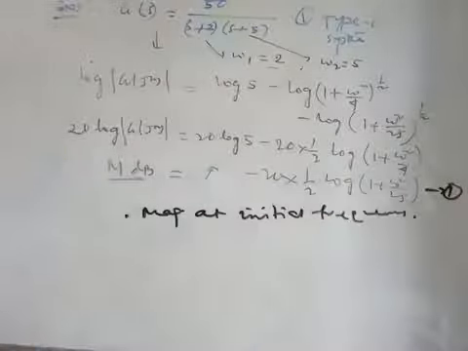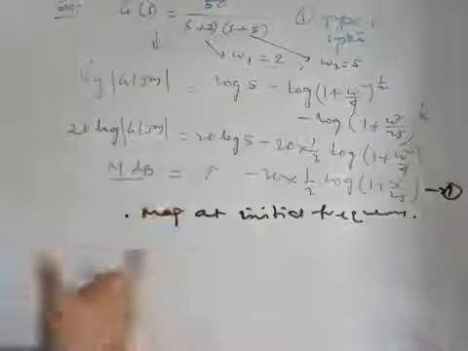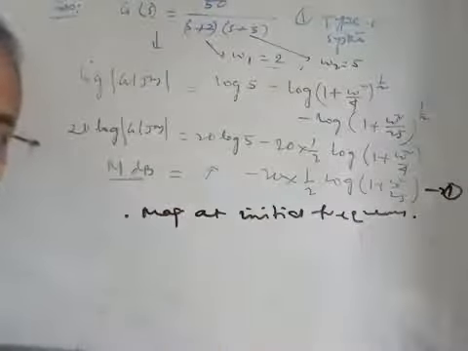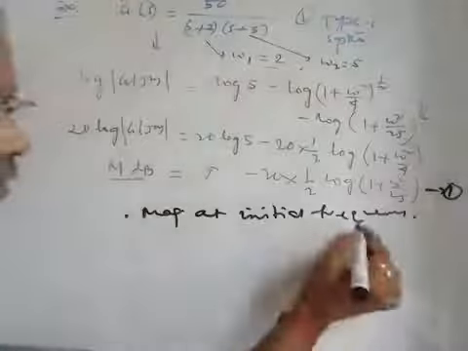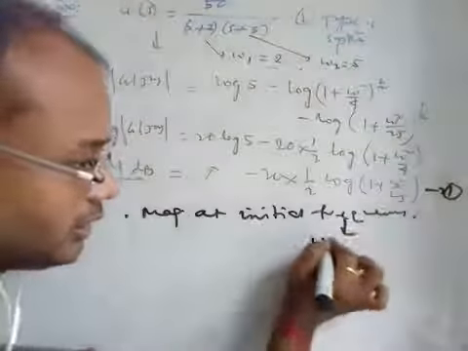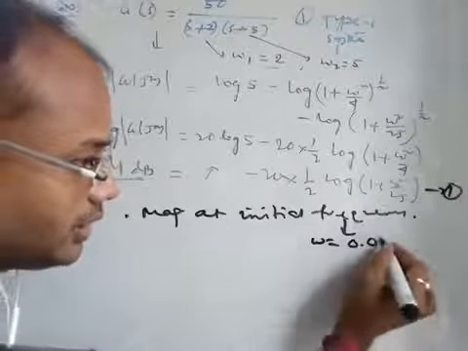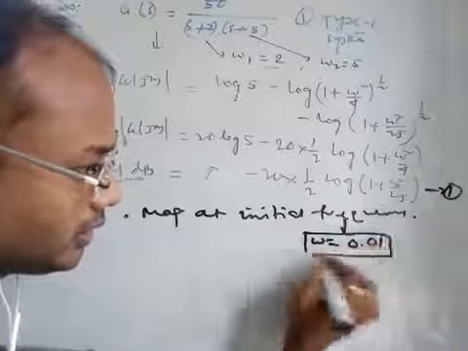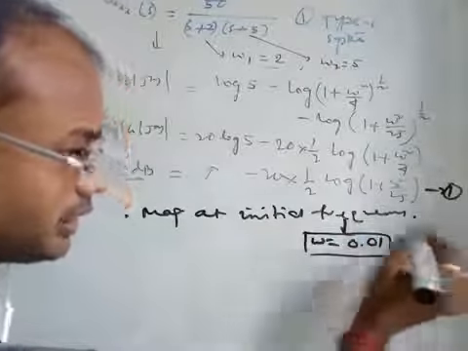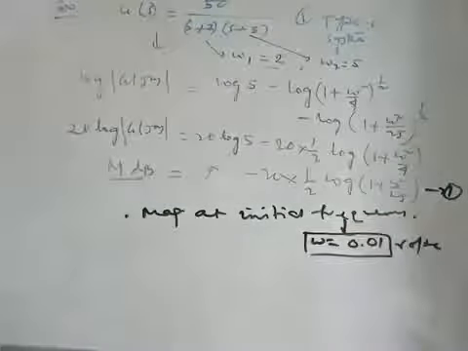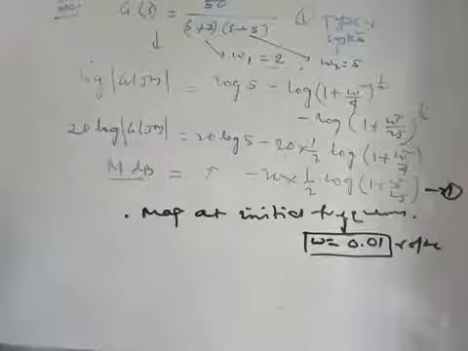So consider the graph again, which we have already discussed. What was the initial frequency we considered? We considered 0.01 radian per second. So this was the initial frequency I considered in our strategy.